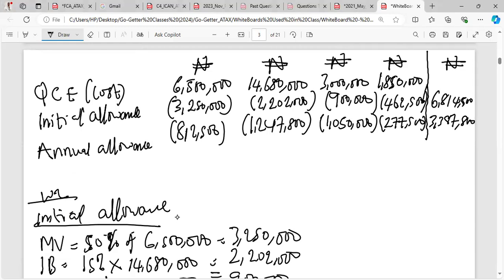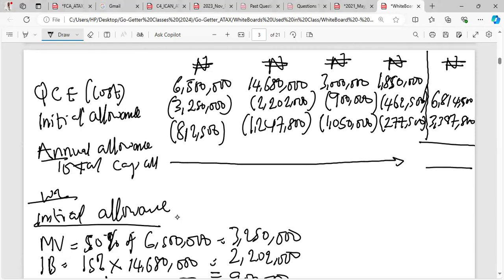All right, so I'm going to add my total capital allowance here. I already have something on my calculator, 3,387,800.